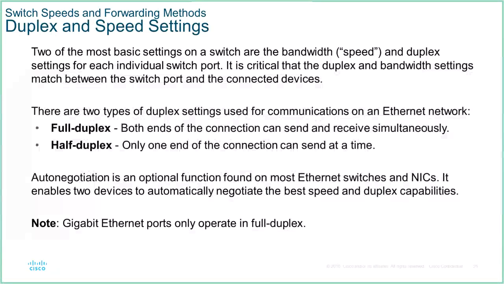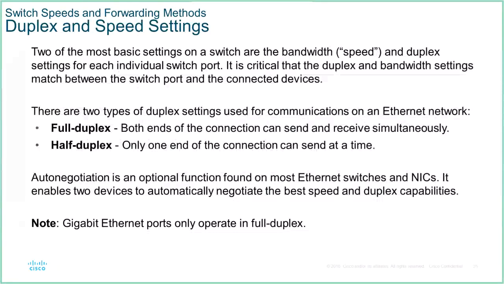Same with the gigabits. So full duplex basically doubles your available bandwidth, the speed that can be sent. Gigabit Ethernet only operates in full duplex mode. Just be aware of that.